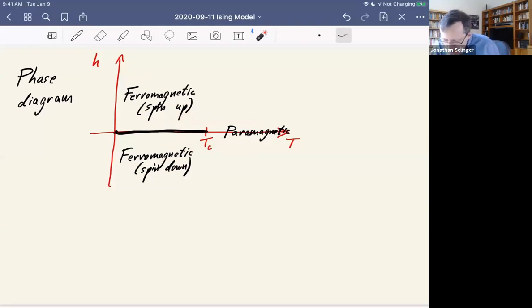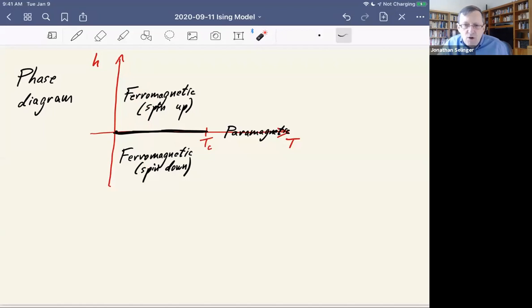If you vary the field here, no discontinuity, right? It's a smooth variation as a function of field. If you vary the field like that, there will be a discontinuity when you cross the line between spin down and spin up.